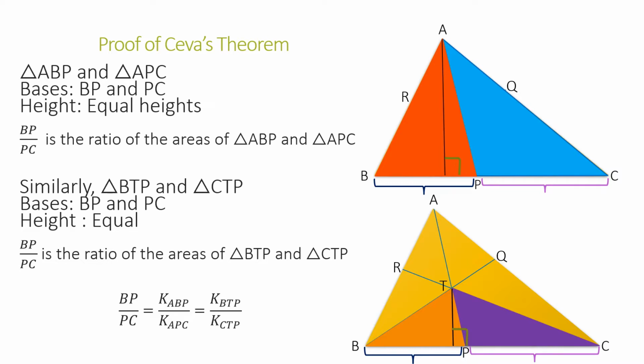So BP over PC is equal to the area of ABP over area of APC, which is also equal to the area of BTP over area of CTP.